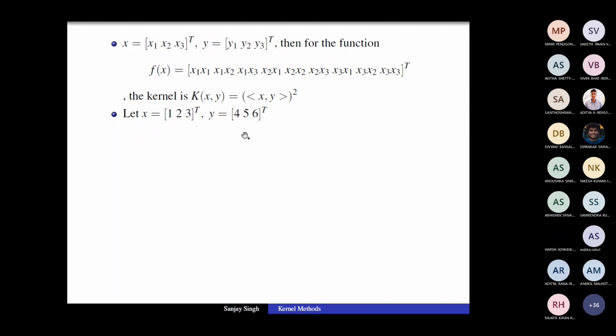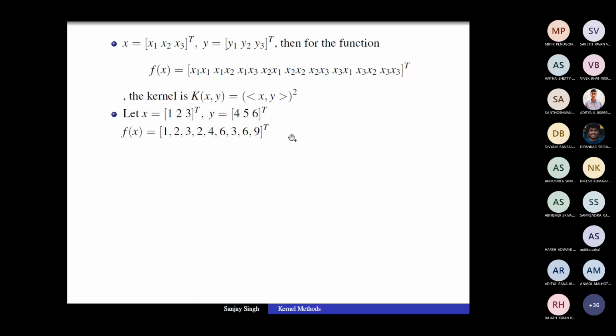Now you have to find f of x. F of x means wherever there are x1 x1, x1 x2, x1 x3, all those terms, multiply and keep all those points, and that gives f of x like this. If you do this, you have this kind of value by applying this particular function.